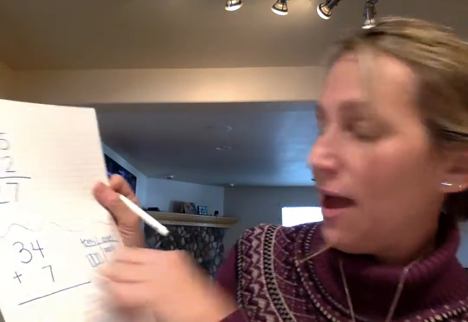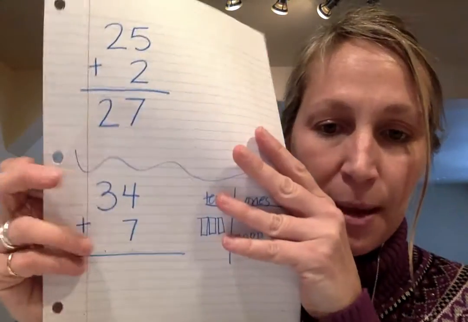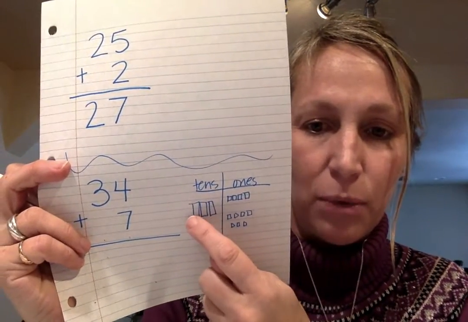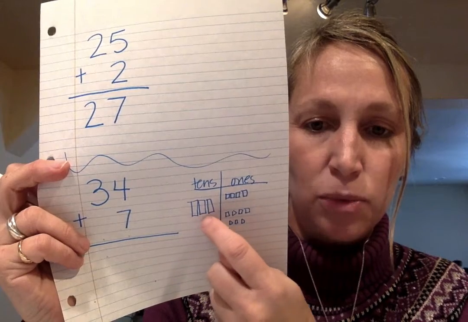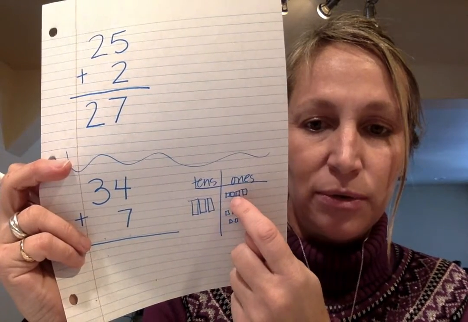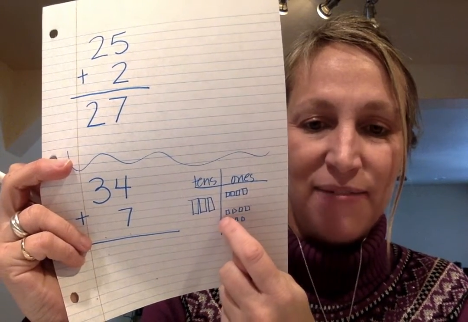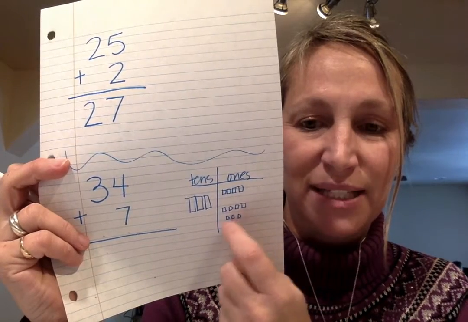I can do my place value chart and do 34 plus 7, and I'm going to show you it in just a second. So that's tens and ones. I haven't figured out a good way to do this yet. But here we have 30, 1, 2, 3, so 10, 20, 30, 31, 32, 33, 34, and then we have 7, 1, 2, 3, 4, 5, 6, 7.